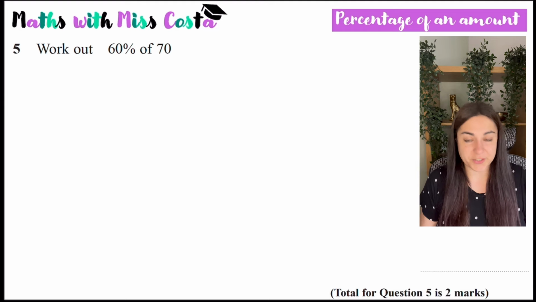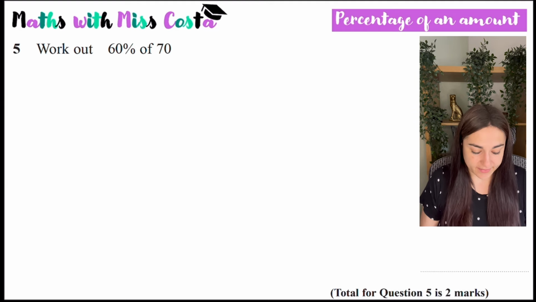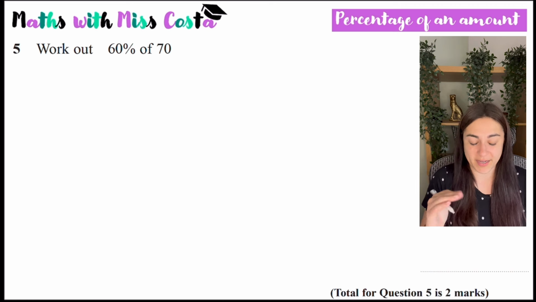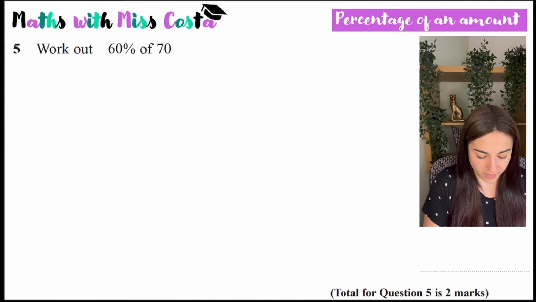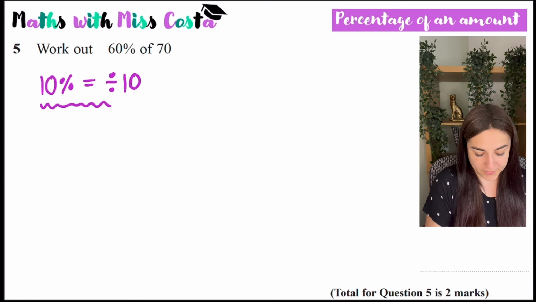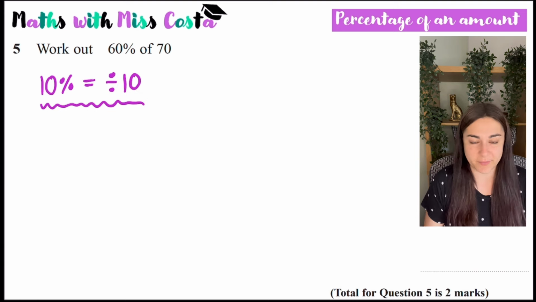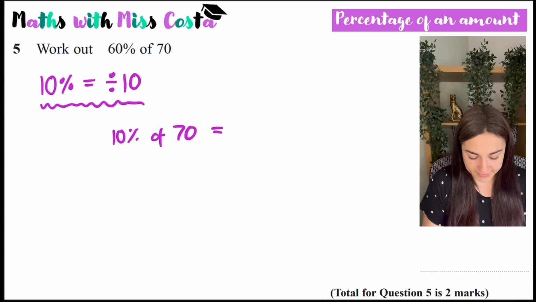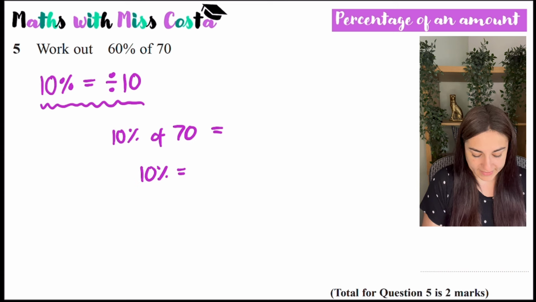Now for the next question, I need to work out 60% of 70. So as it's non-calculator, the best way to start with these is to work out 10%. And the shortcut to work out 10% is to just divide by 10. So to find 10% of anything, just divide by 10. So 10% of 70 would be 70 divided by 10, which is 7.